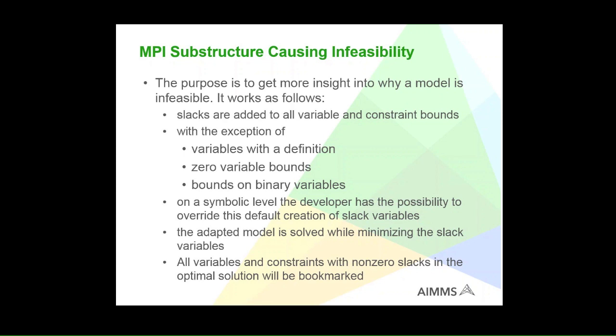AIMMS, or the MET program inspector, will then solve the adapted model with all those slack variables, trying to minimize the slack. All variables and constraints with non-zero slack in the optimal solution will be bookmarked. At that point, you'll have a set of variables or constraints that make the model infeasible, or where if you relax them, you can make the model feasible. So that's one way of looking at infeasibility, and I will give a demonstration of how that would be useful.